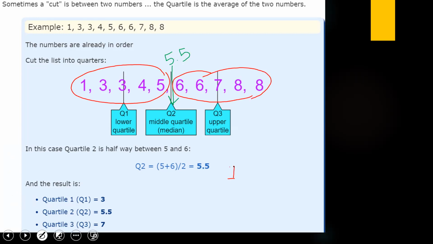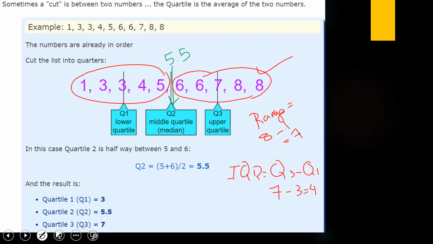So what about the interquartile range? How can we find it? It's Q3 minus Q1. It will be 7 minus 3, which is 4. This is the IQR, or the interquartile range. Now what about the range? This is the greatest number, 8, the maximum, minus the lowest one, which is 1.